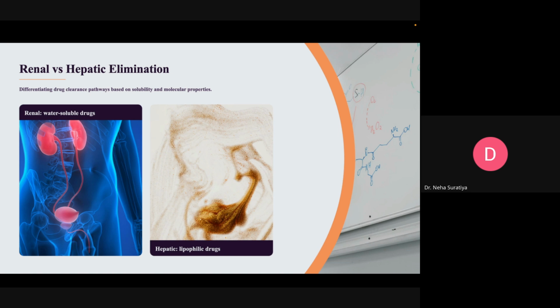The primary organ responsible for clearing warfarin is the liver, guys. Both are involved, but primary is liver. And we also have diazepam. The organ primarily responsible for clearing diazepam is also hepatic, guys. Okay, liver. So you always need to ask which organ is primarily responsible for clearing the prescribed drug.